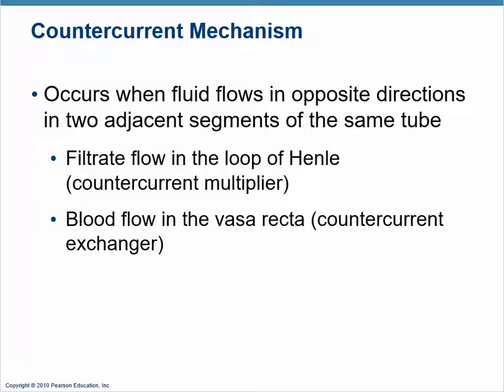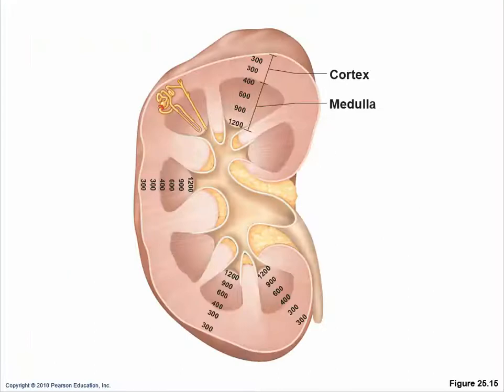Now, the countercurrent really is when fluid flows in opposite directions in the same tube. So really the loop of Henle is what we're worried about. And I'm not going to get too much into it, except that in these juxtamedullary nephrons, the loops of Henle go all the way down into the medulla. And by having lots of sodium-potassium pumps here on the ascending limb, we make the medulla very salty.